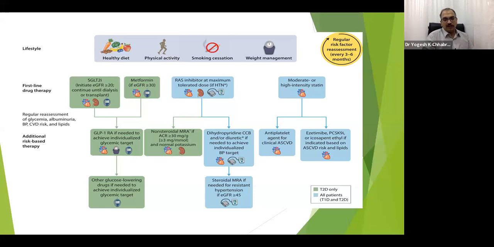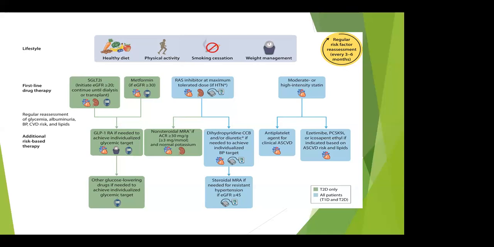Other glucose lowering agents can be added. Previously, insulin was the only drug of choice in late stage of chronic kidney disease. Now we have great choices, like we can use linagliptin, we can use pioglitazone.